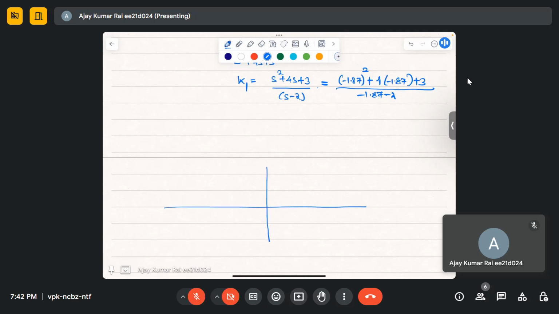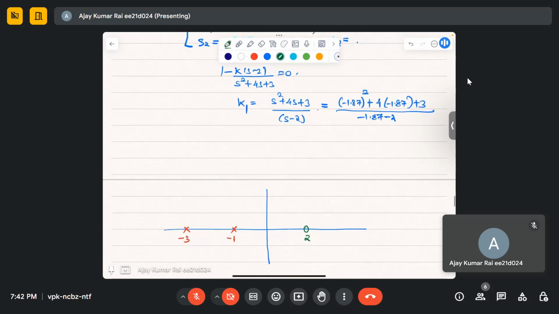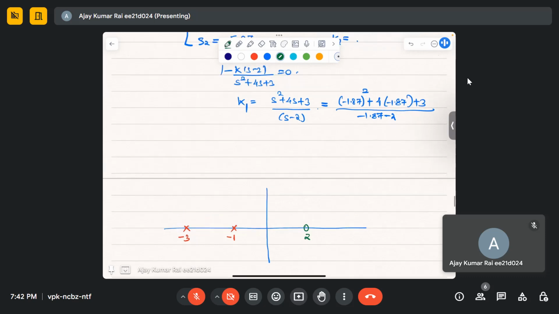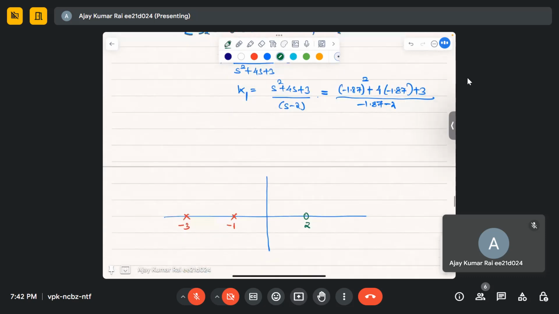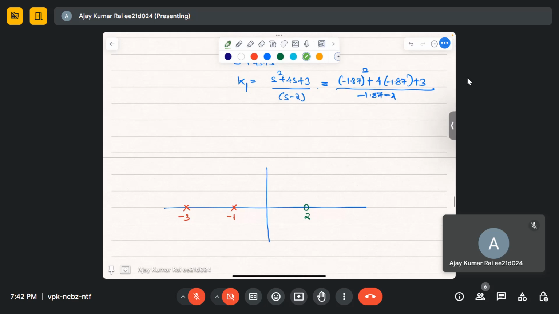Get clarity here. So we have, and this was the case. Okay. So what can you say? One point is lying at 1.87. It's here.